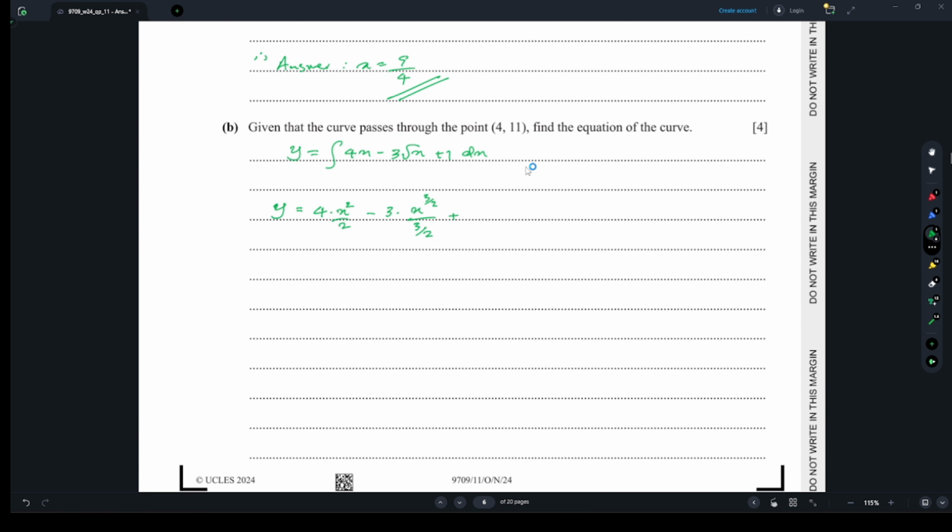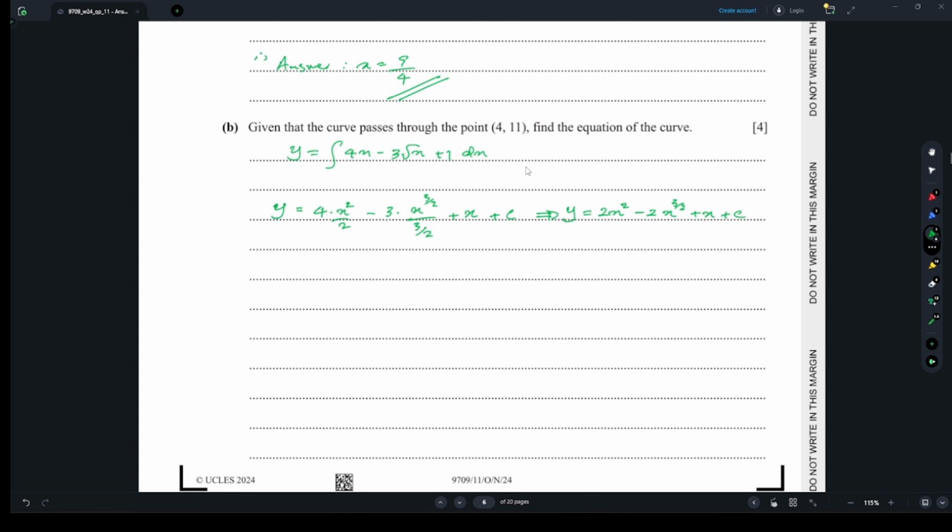Plus the integration of 1 is x. And we have to write the constant plus c. So with that, we can just simplify. So y equals 2x squared, the 3 cancels, and minus 2 times x to the power 3 over 2, plus x plus c.